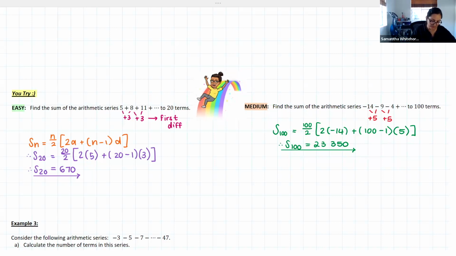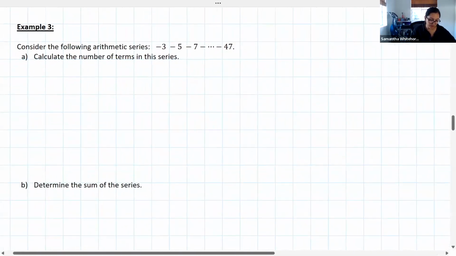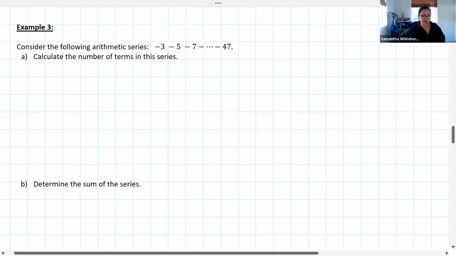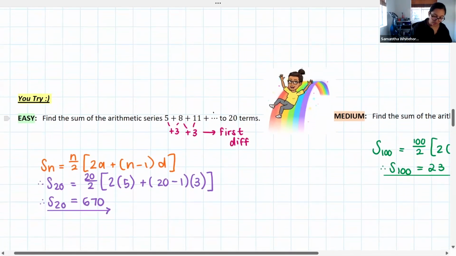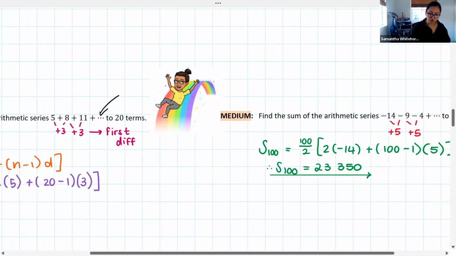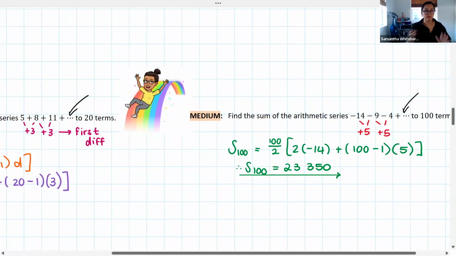Okay, let's see. So example 3, we have got the arithmetic series -3, -5, -7, all the way up to -47. So what I want you guys to notice here is that if I scroll back up to the other questions, all of them have just been like a dot, dot, dot at the end, telling me that I can keep going to infinity.